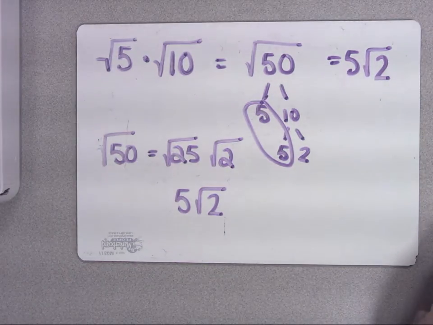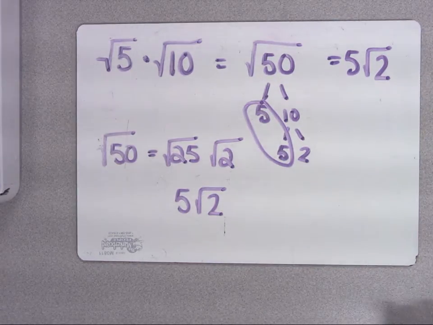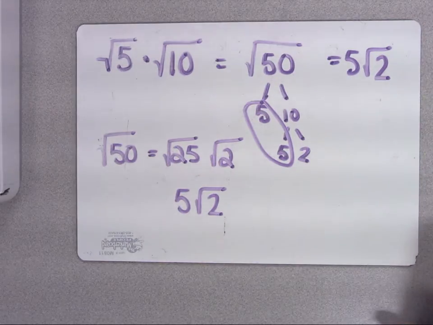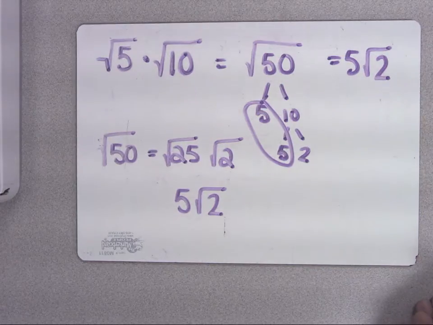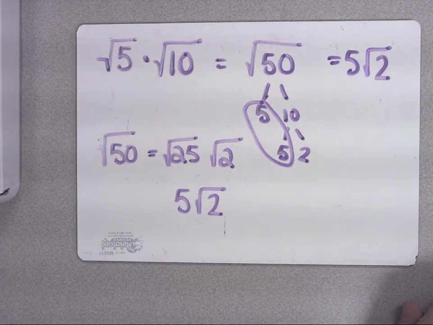Which way do we like to do it? That'll help me understand how we're going to learn variables. Which way do you like to do it, Ava? Lauren, you agree? Cam? You like the squares?